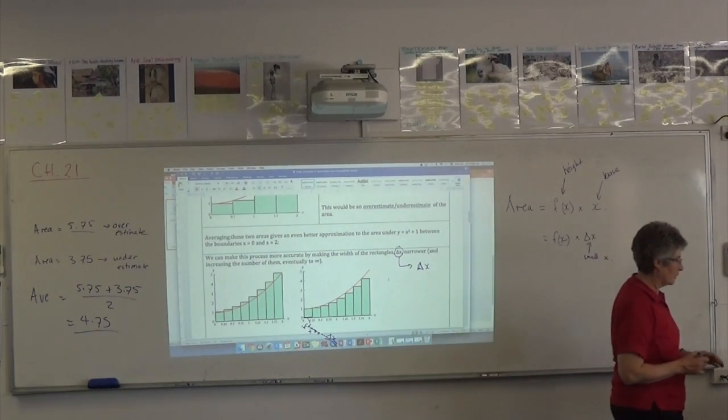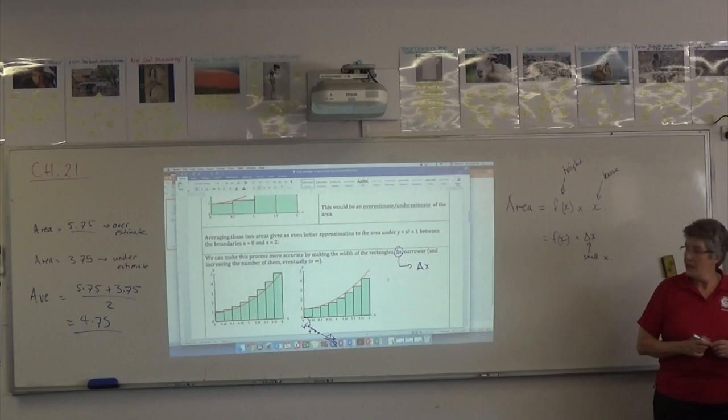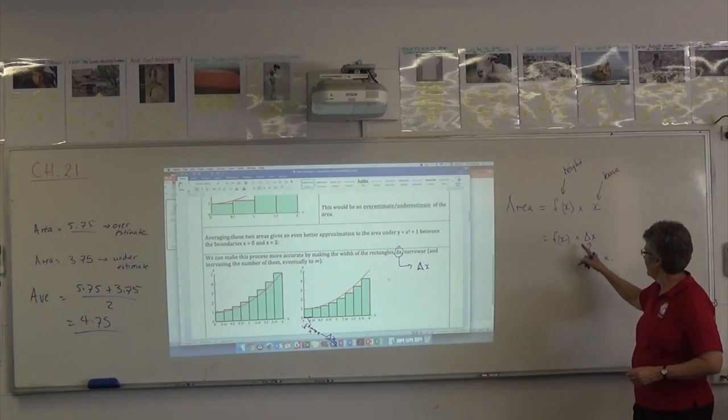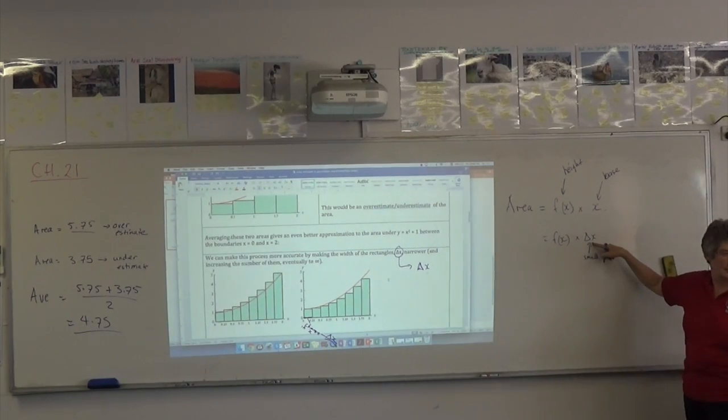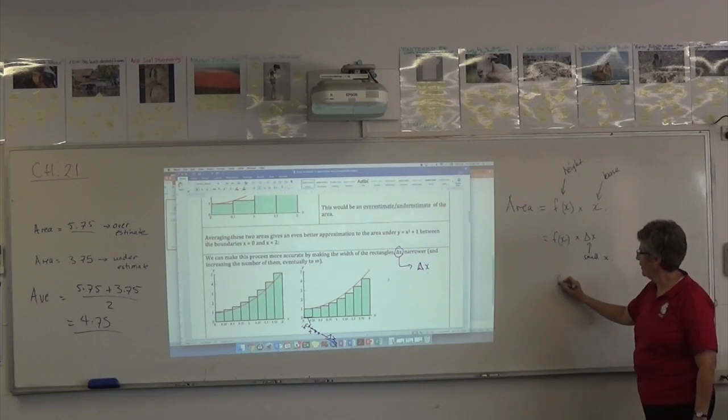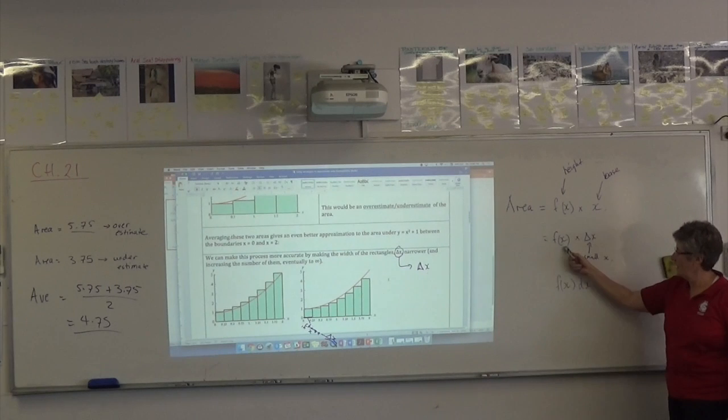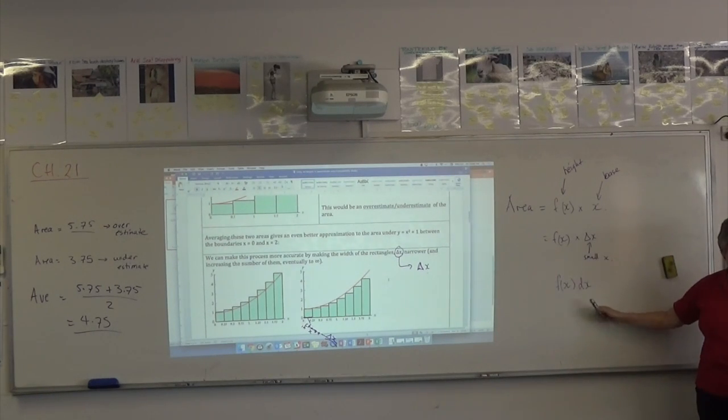Now, if you think about this, that's delta. That's our Greek thing. If I wrote something like this, f of x dx, where have you seen those two written like that before?